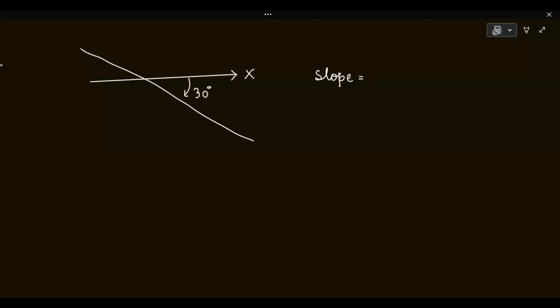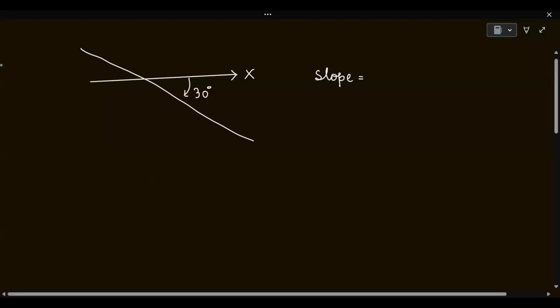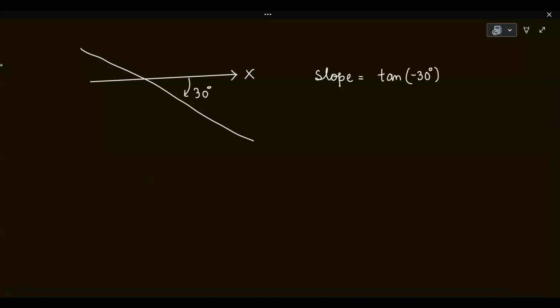Well, understand that every time you take an angle in the clockwise fashion, you have to designate a minus sign, because the convention for angles is that anti-clockwise from the x direction is usually taken positive. So the angle that I gave you is actually in the clockwise direction, so it is actually tan of minus 30 degrees. It's not plus 30 degrees.